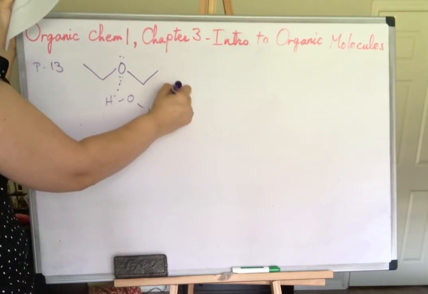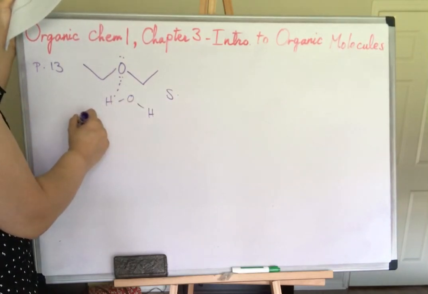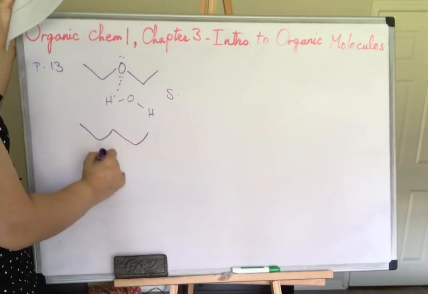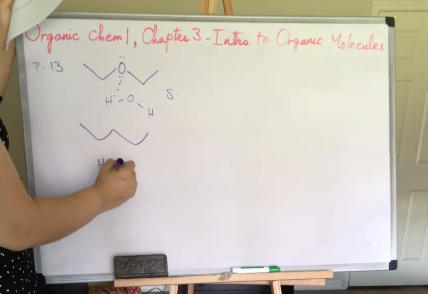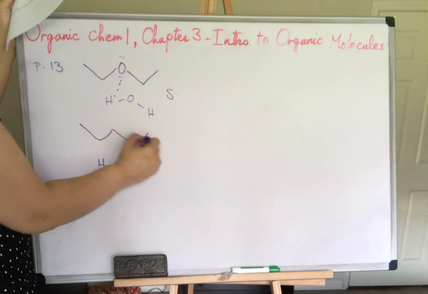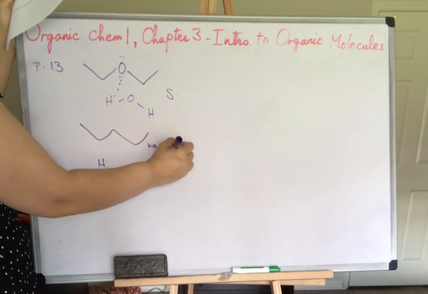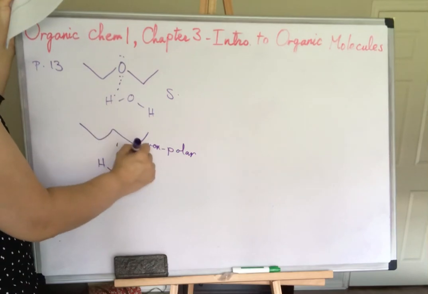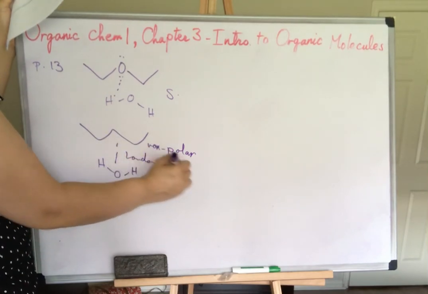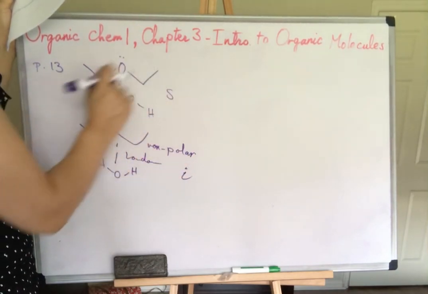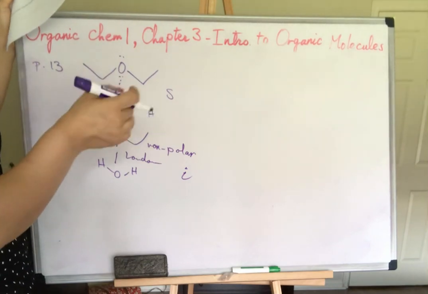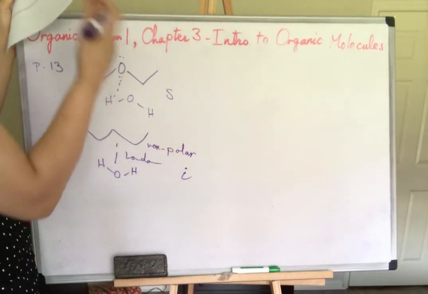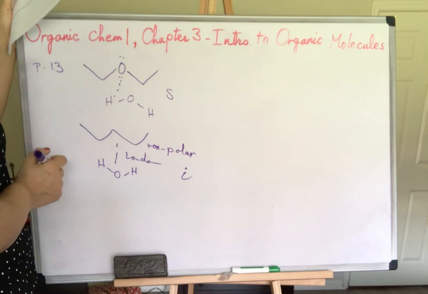So this one is soluble. If you have this compound with water, this is nonpolar, so it's just London forces, so this is insoluble. And the same for whenever you have oxygen and nitrogen, basically you have the soluble compound.